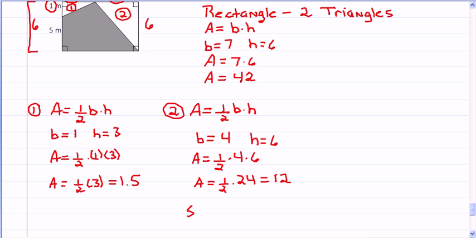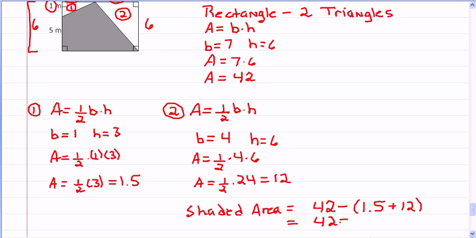So the shaded area is equal to the rectangle, which had an area of 42, minus the two triangles. And the two triangles had a total area of 1.5 plus 12. So if I take 1.5 plus 12, that's equal to 13.5.